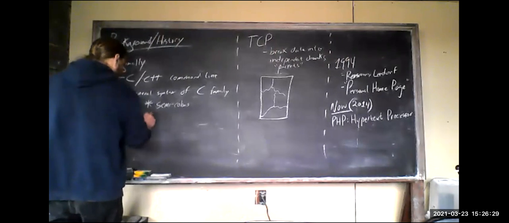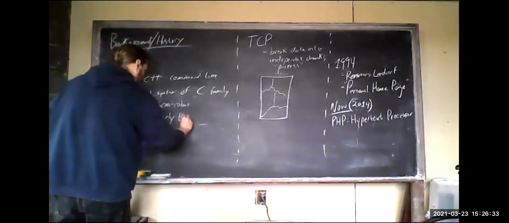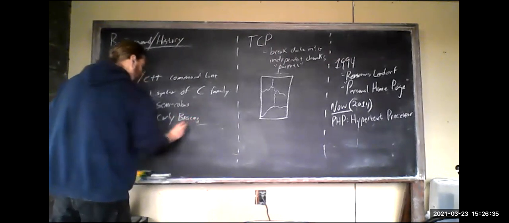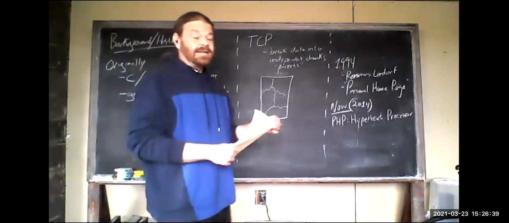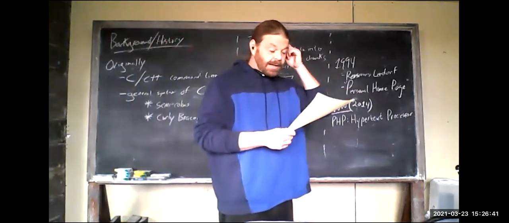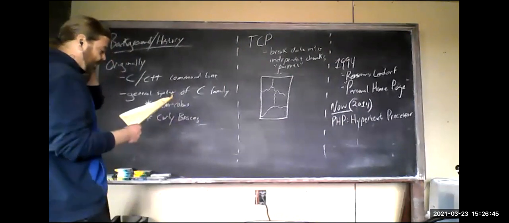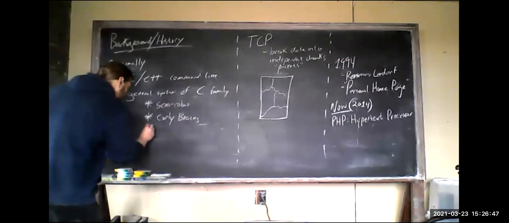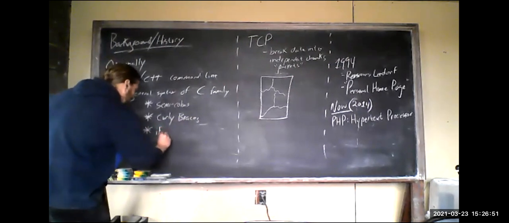We also have curly braces. And curly braces segment off a section of the code. And then I'm running out of room here, so I'm just going to write all these together.